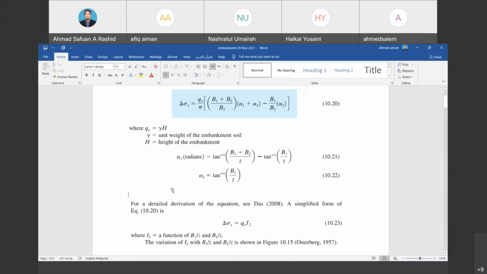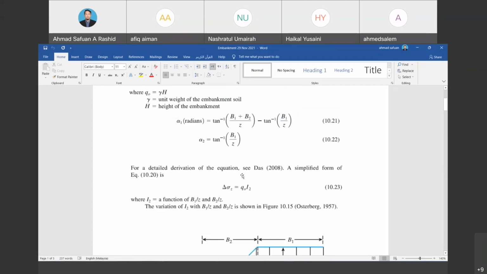So this is the explanation on the derivation of alpha 1 and alpha 2. Please carefully use radian values, do not use degrees, because you cannot multiply a degree with a normal number. So you need to change into radians.